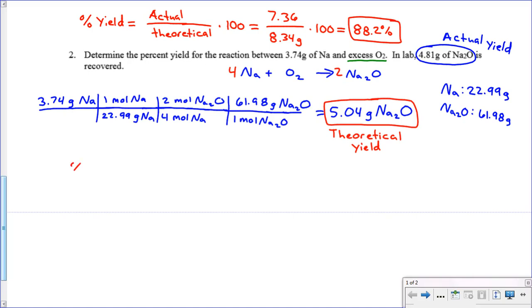So in this case, percent yield equals the actual that's given to you in the problem, 4.81, divided by the theoretical, 5.04, times 100. And if you calculate that, you should get 95.4%.